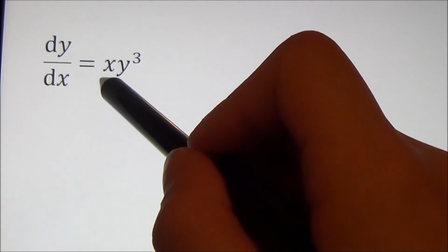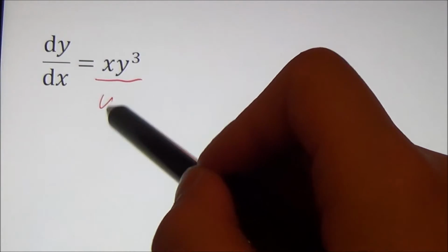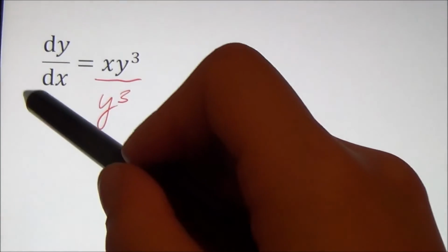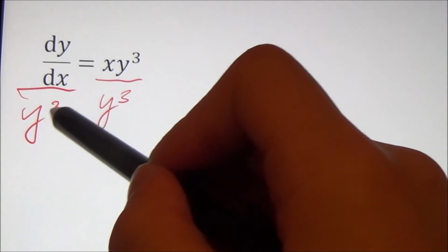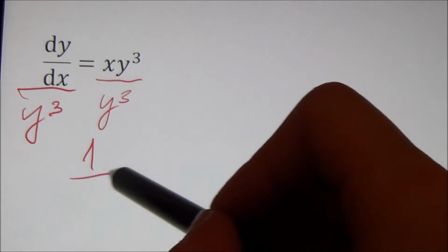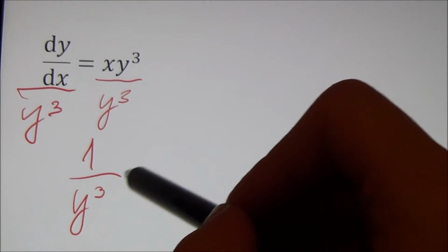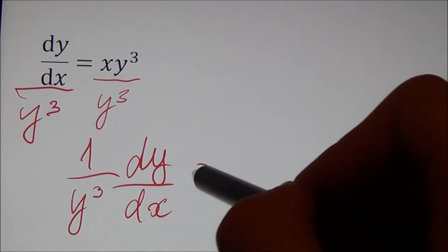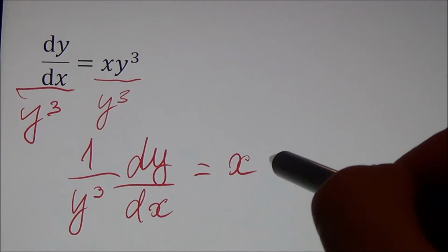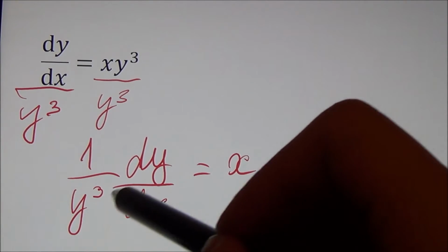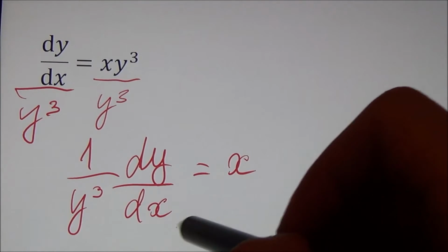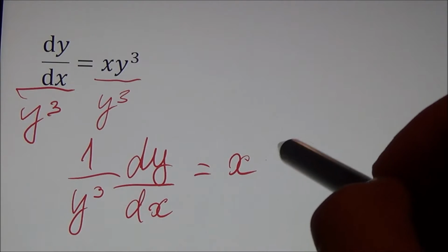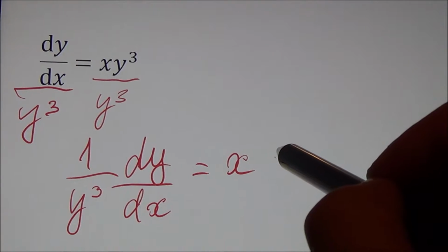So what we can do is divide by y to the third on both sides, and we will get 1 over y to the third dy over dx equal to x. Now what we can do to bring the dx to this side is multiply by dx, and this is what we're going to get.